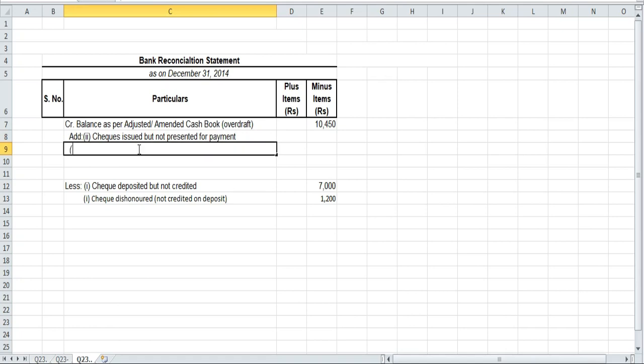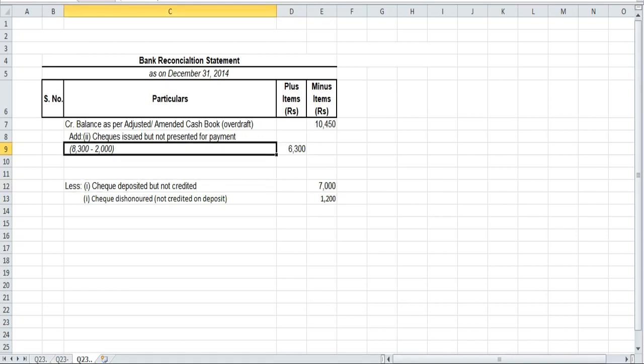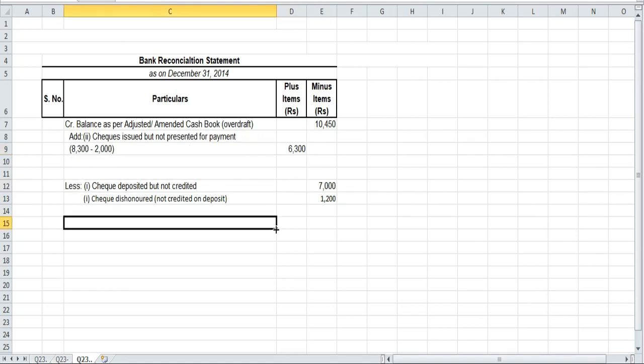The amount was 8,300 minus 2,000. After minusing, on the plus side it will come to 6,300. So here we are done.